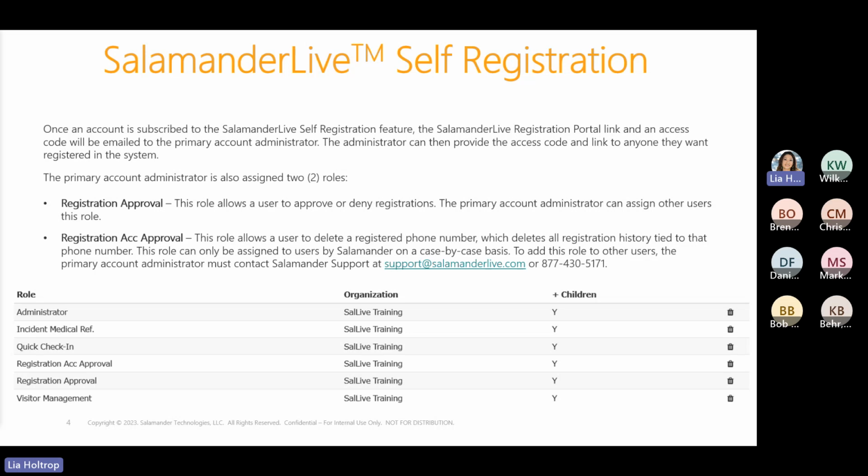If you have others that you want to have this ability to delete registrations, you must have the primary account administrator contact Salamander support. You can email us or you can call us, and we'll review your account and at that time provide you some recommendations on what you can and should do.